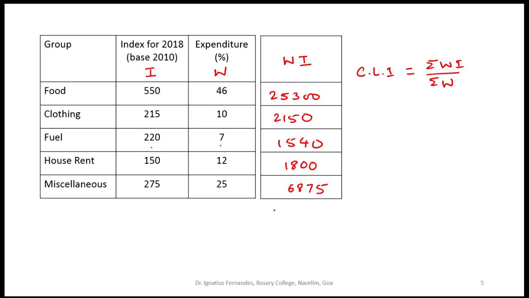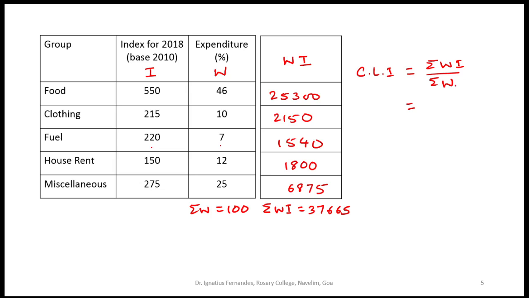What I want is the sum of all this, the summation of WI, which comes to 37,665. Besides this, what I need is the sum of all the weights, which is 100% of the set. Once I calculate this, I just have to substitute it in the formula.